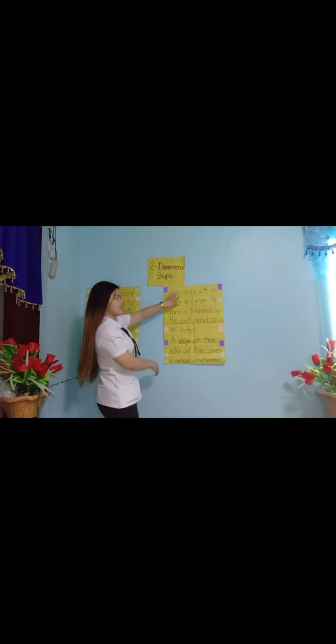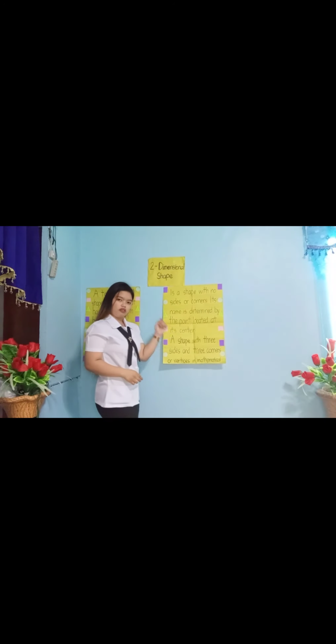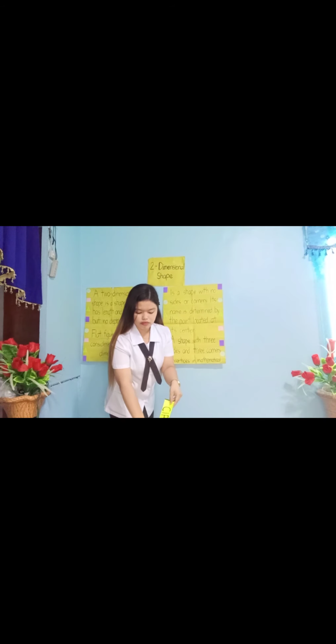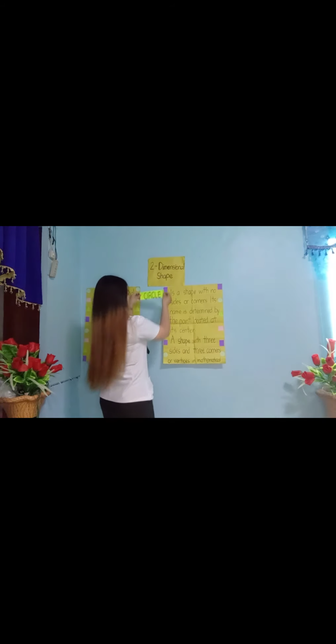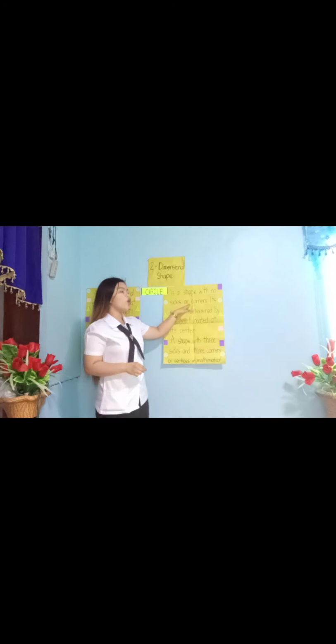The first is a shape with no sides or corners. Its name is determined by the point located at its center, and that shape is a circle. A circle is a shape with no sides or corners.